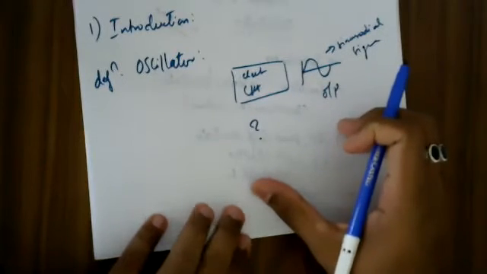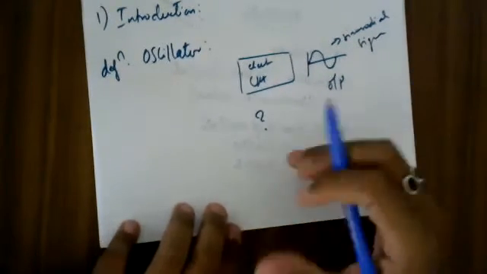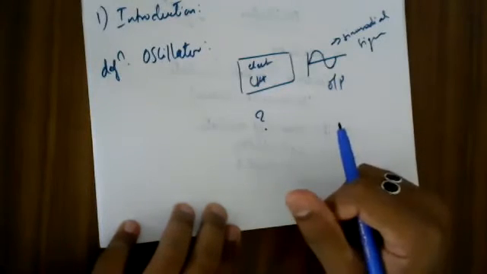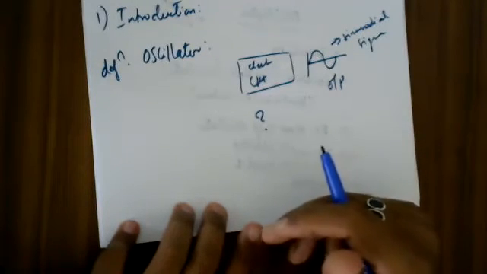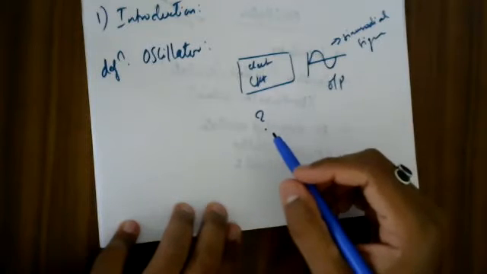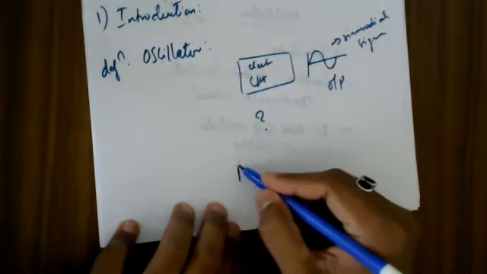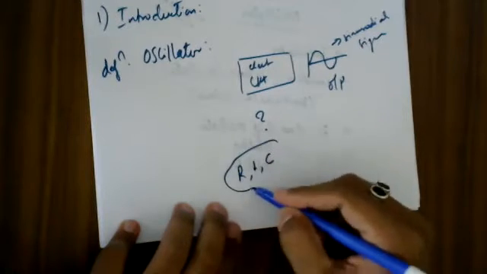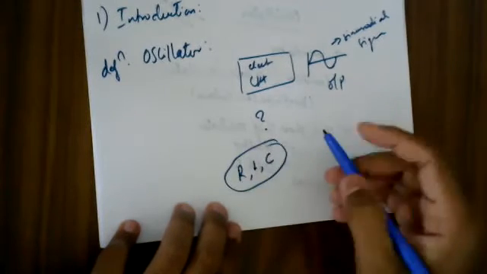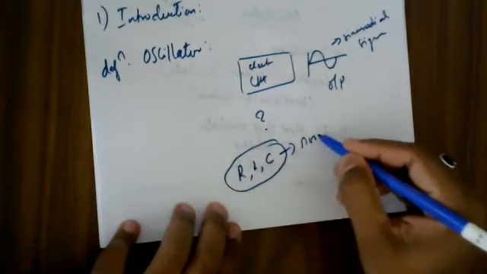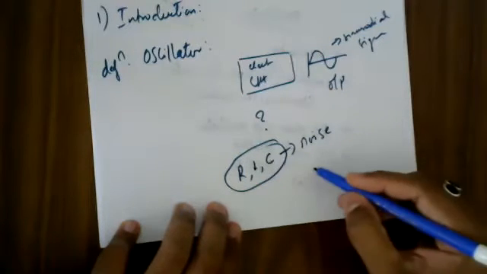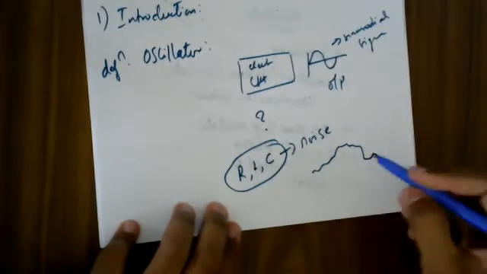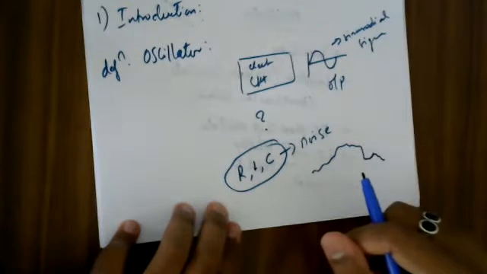Then I would say that whenever I build a circuit with electronic components along with passive components, that is, resistor, inductor, capacitor, these components have some signals that we call noise, a noise signal. The noise signal is unpredictable, so it may be of any wave shape.